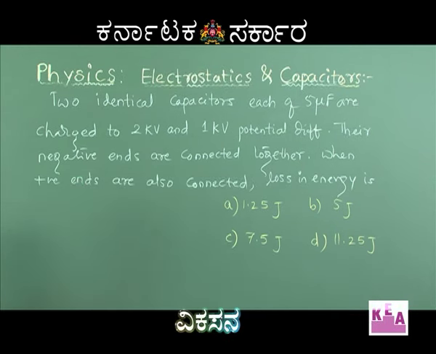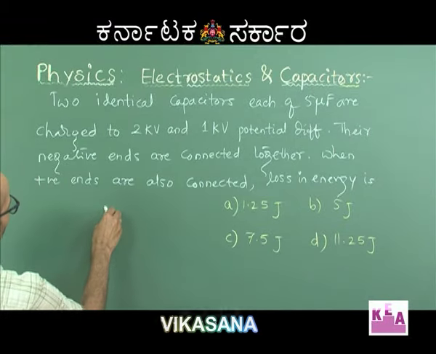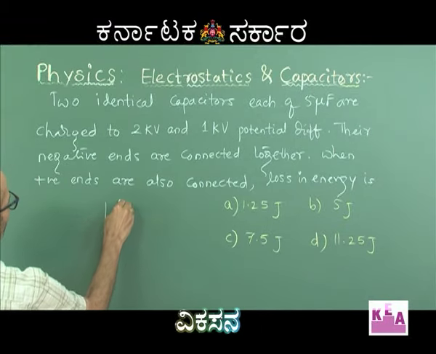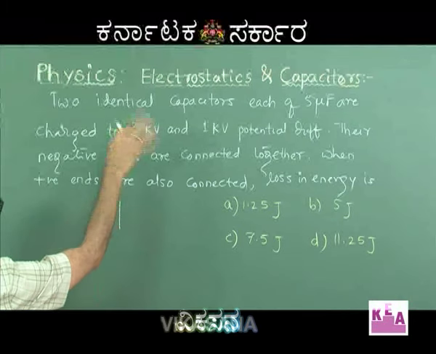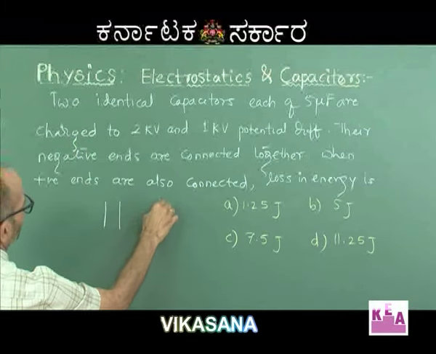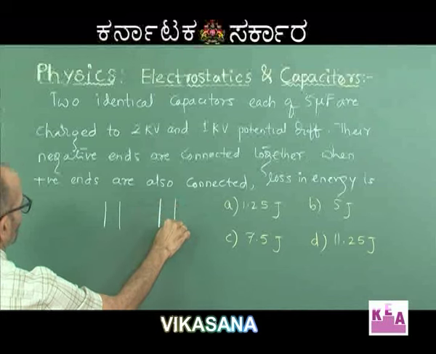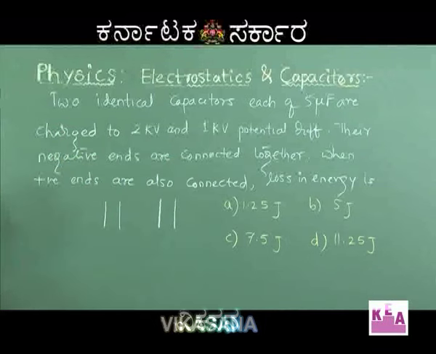So, here are a couple of things which I would like to share with you people. They may be your confusions. One is, see, this is one capacitor which has been charged to say 2 kilovolts, and this is another capacitor which has been charged to 1 kilovolt.